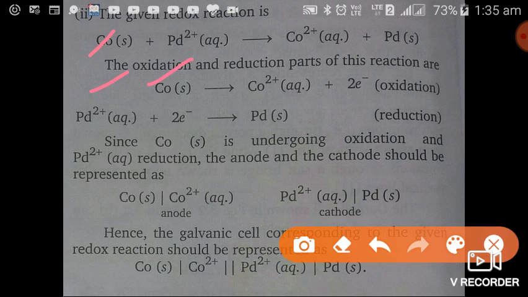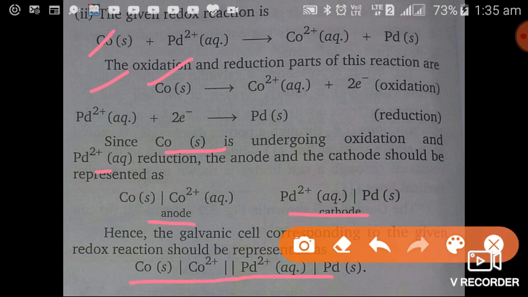In this case, oxidation is going on. In this case, reduction is going on. Both half cells are joined together to get the complete reaction, and the complete reaction will be this. I hope that you are getting all things.